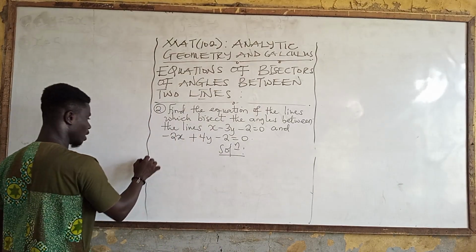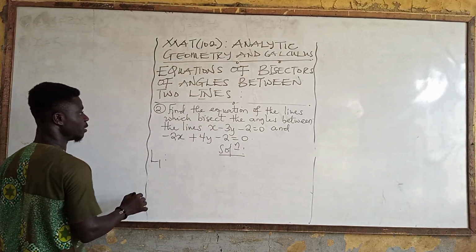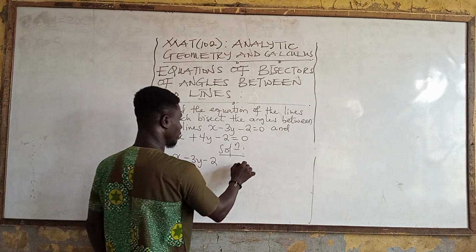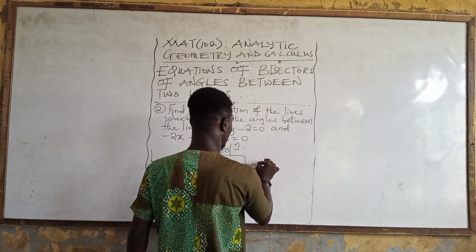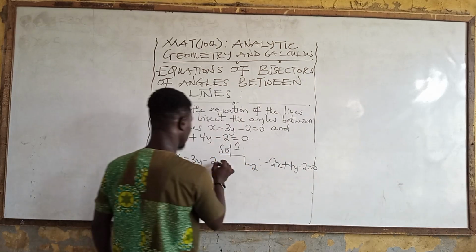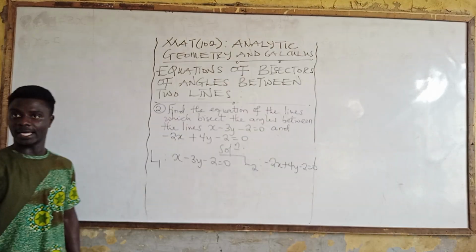So now, let our L1 be x minus 3y minus 2, then our L2 be negative 2x plus 4y minus 2 equals 0. So that's our lines, right?